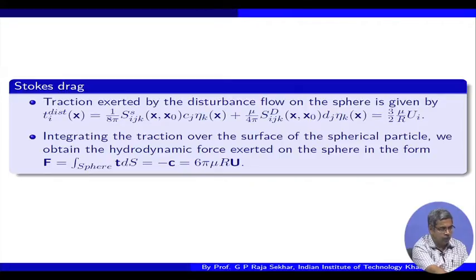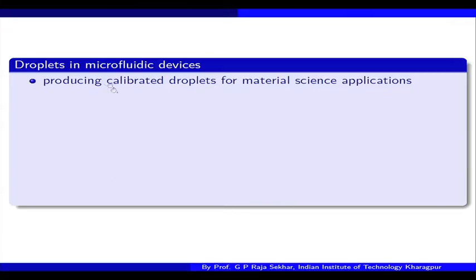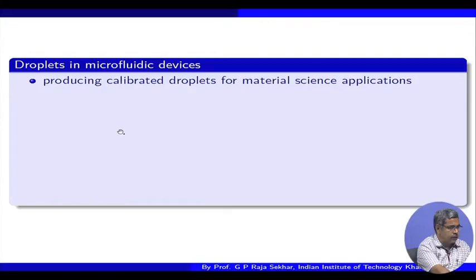Okay. On the other hand, there are lots of other applications of micro particles. For example, if you recall the thermocapillary migration of a drop that we have discussed, it also has nice applications. So, we would like to discuss droplets in microfluidic devices. The use is producing calibrated droplets for material science applications. So, that is a big challenge.